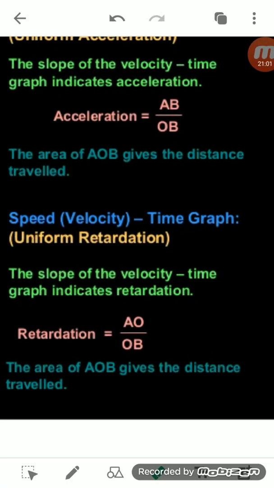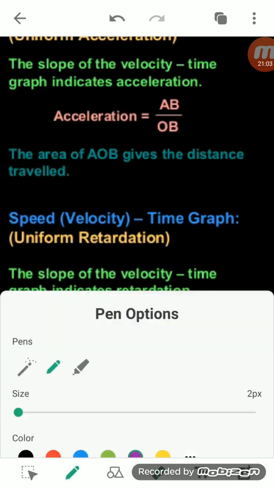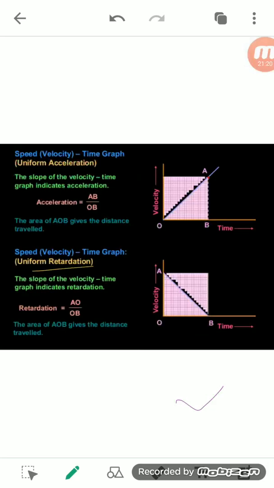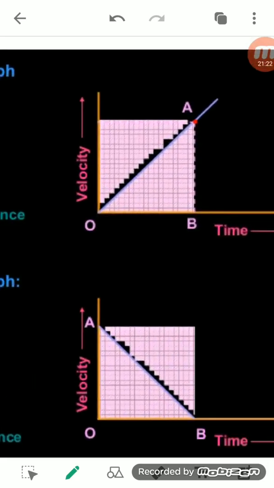So there is no difference between these two: uniform acceleration is represented by a straight path in the upward direction, and the same in the downward direction represents retardation.